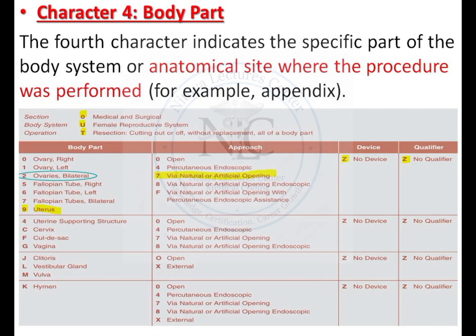Now let's see how to use this table. As we already saw, character 1 is the section. Let's take the operation bilateral oophorectomy. We should see the medical and surgical section, the body system is female reproductive system, and the root operation is resection, meaning the whole part was removed, the whole ovaries.